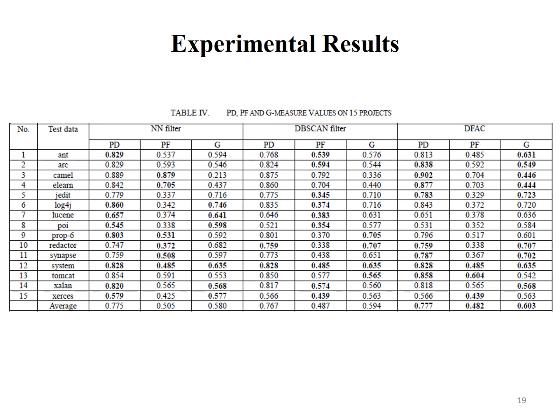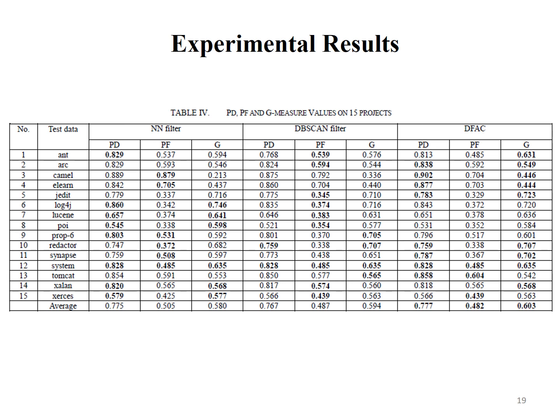It is very clear that DFAC has a lower PF value and a higher PD value than the other 2 data filtering methods. In the aspect of PD value, the DFAC approach increases the PD value to some extent on most datasets. The PD values of 8 projects are better than others. On most tests, DFAC achieves a higher G measure than the other data filtering methods.